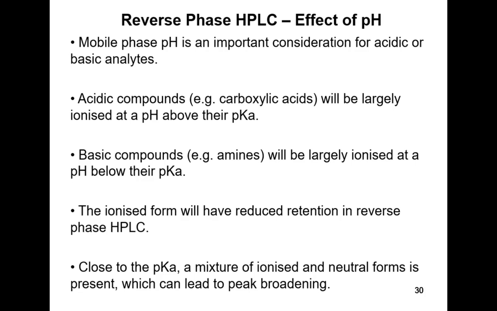Especially where we have analyte molecules which you're trying to separate, which are acidic or basic. That generally means for acidic compounds that's going to be carboxylic acids that we're thinking about, and for basic compounds what we're talking about here is amines in almost all cases.